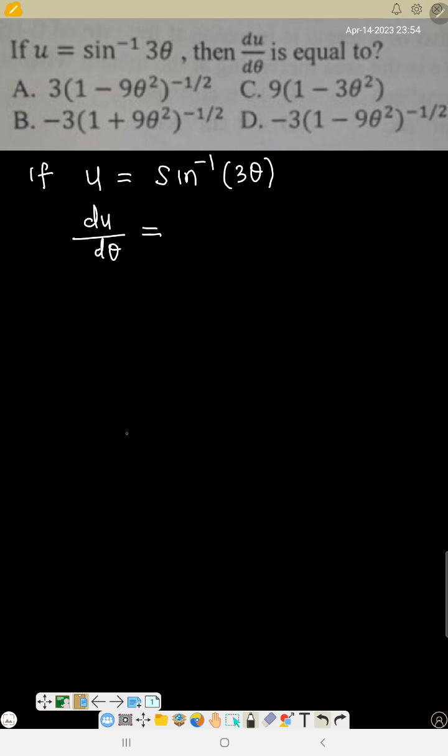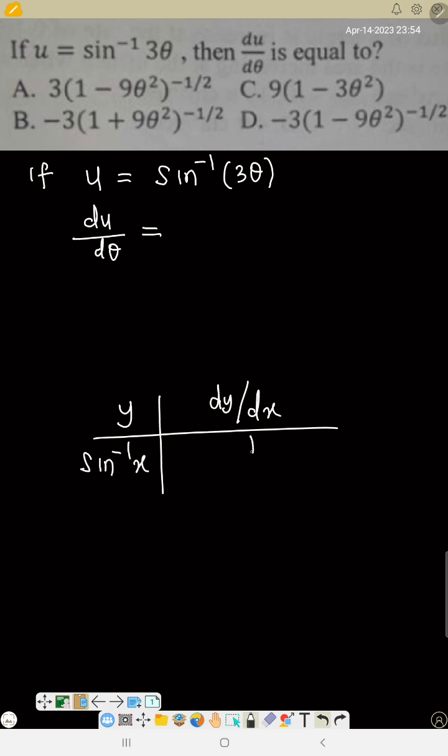So take note of this again. If y is arc sine s, then what is dy/ds? So if y is arc sine s, dy/ds is 1 over root 1 minus s square.